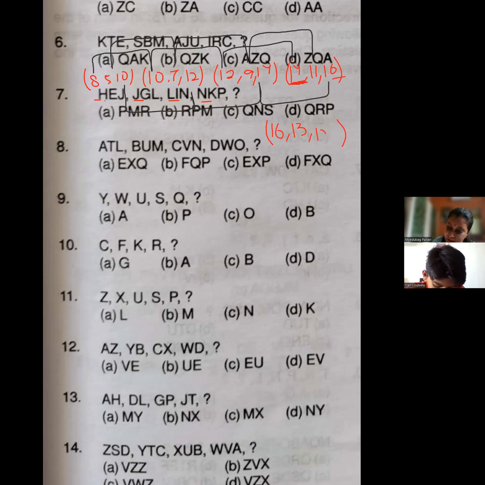So we can now check which alphabet is for number 16, then 13, and then 18. PMR. Yes, that's correct. So 16 is for P, 13 is for M, and R is for 18. So our answer will be option A. That's correct. Let's see the eighth one now.